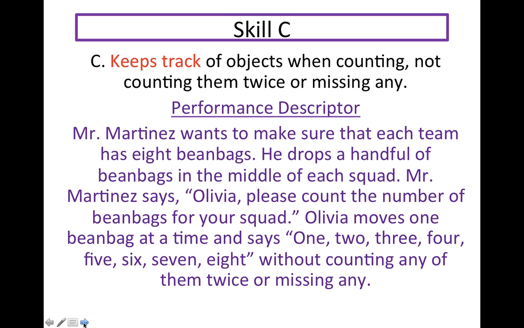He drops a handful of bean bags in the middle of each squad. Mr. Martinez says, Olivia, please count the number of bean bags for your squad. Olivia moves one beanbag at a time and says, 1, 2, 3, 4, 5, 6, 7, 8, without counting any of them twice or missing any.